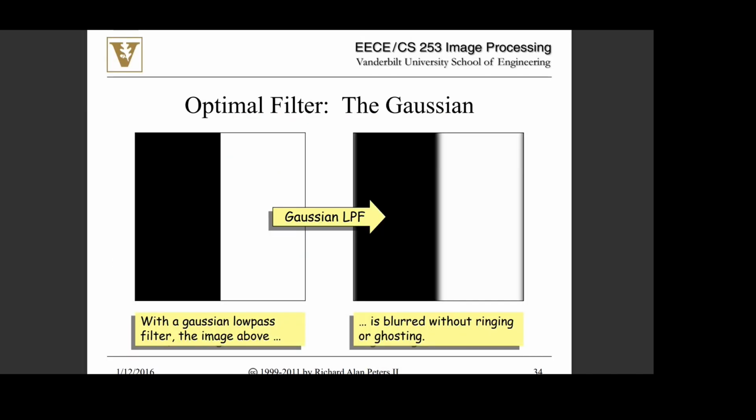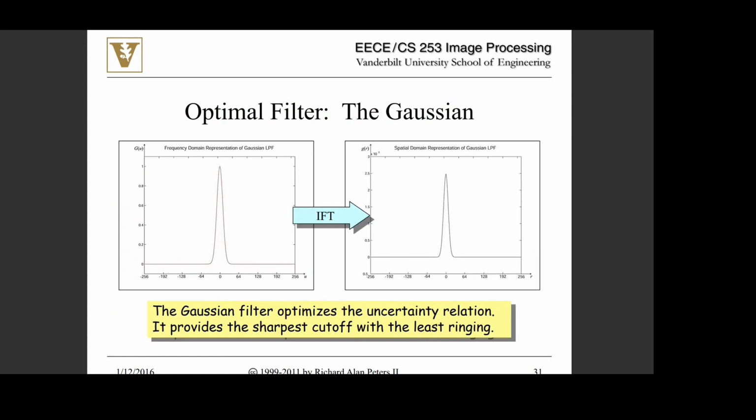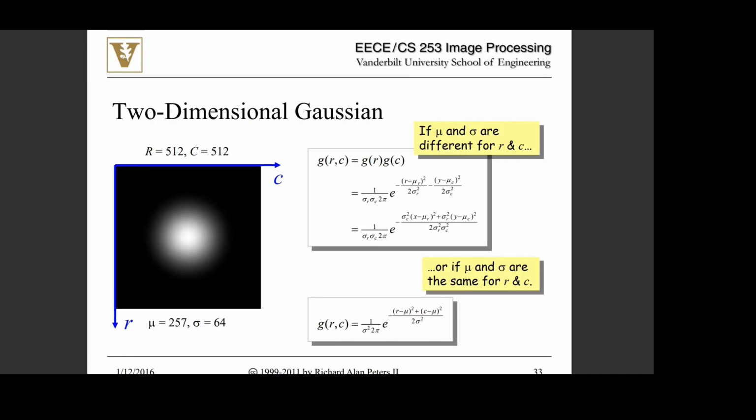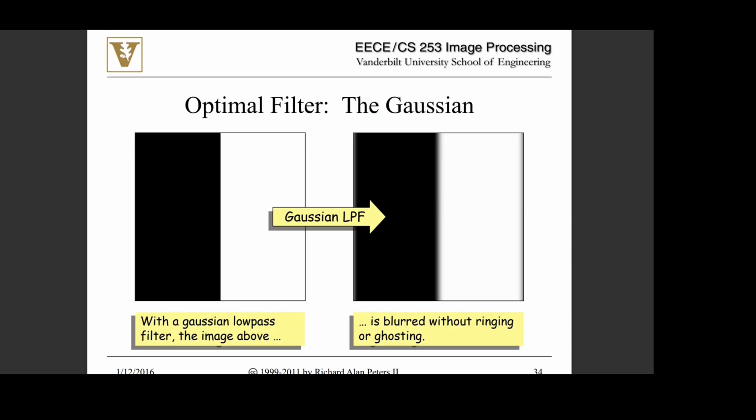Okay, good. Then I do my filter with the Gaussian filter, and I don't have the ripples anymore, because I'm convolving with something that doesn't have ripples in the real space. If it doesn't have ripples, that means that I will not get ripples when I get to edges.